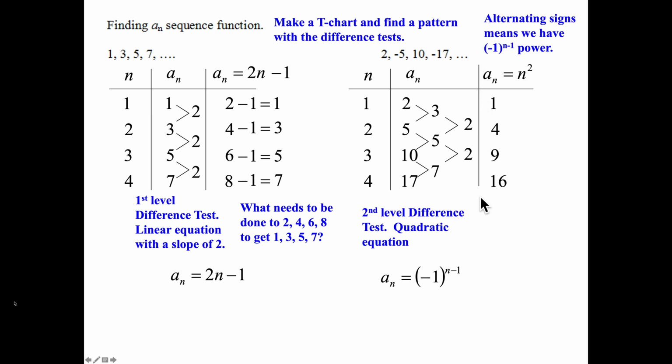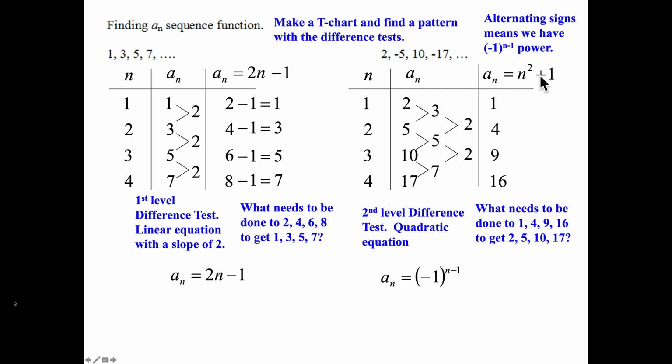So I'm going to make another column. A sub n starts out with n squared, so whatever we create up here, we'll move down here and multiply it after this. So I need to look, okay, here's my 1, my 4, my 9, my 16. What do I need to do to get the 1 to get to the 2, the 4 to get to a 5, the 9 to get to a 10, the 16 to get to a 17?